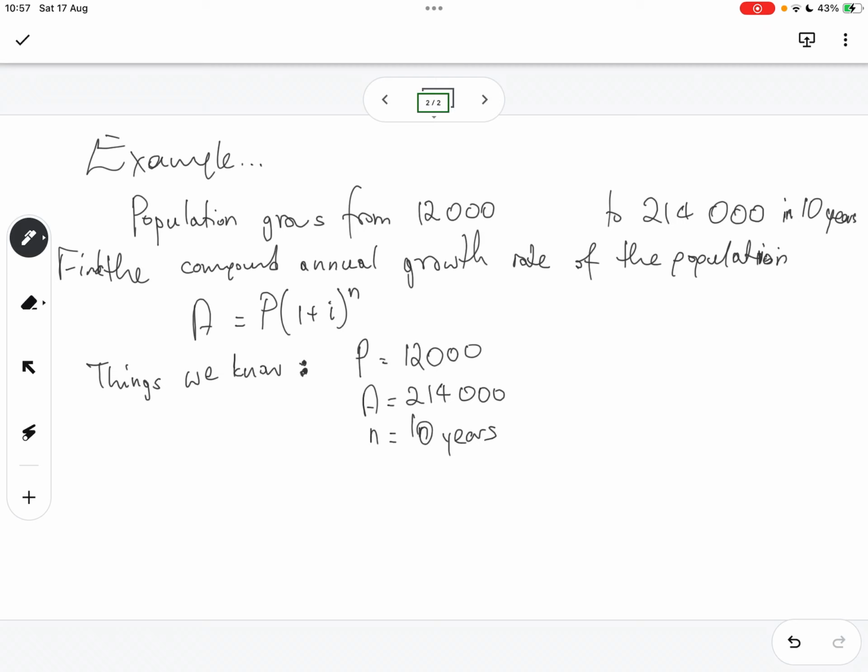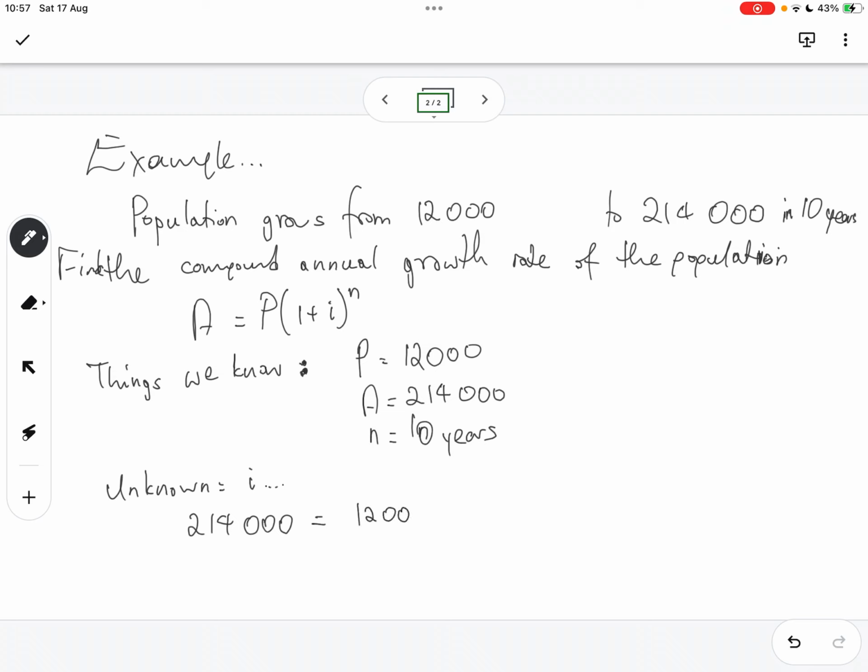It represents N, eh? 10 years. Okay, that's good. So the thing we don't know is the I, the interest rate or the compound annual growth rate.